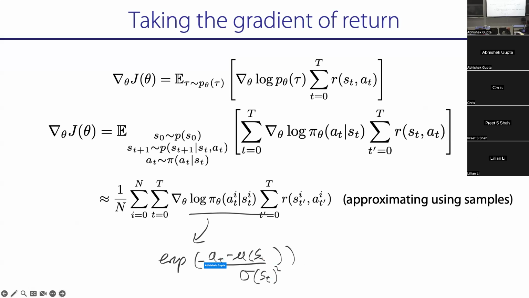Then you take the log of this, which is just going to give you minus (a_t minus mu of s_t) over sigma of s_t, squared. And then you're going to take the gradient of this.